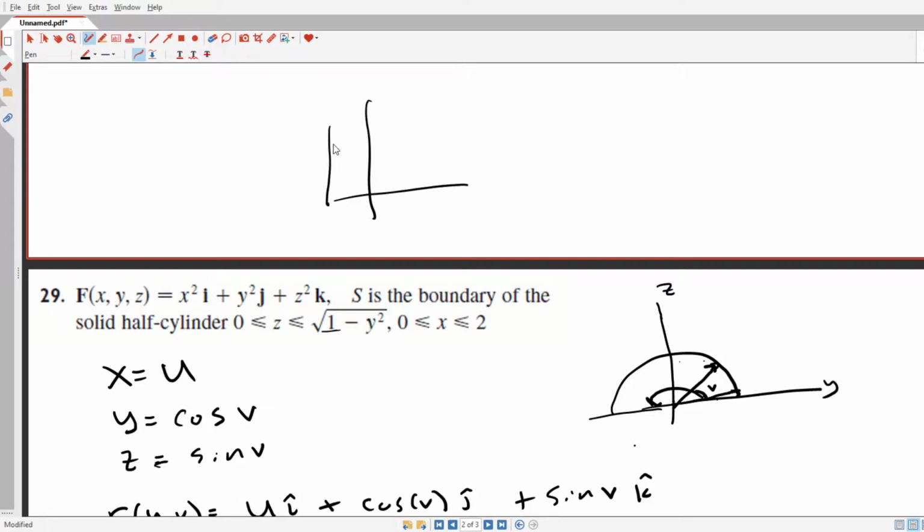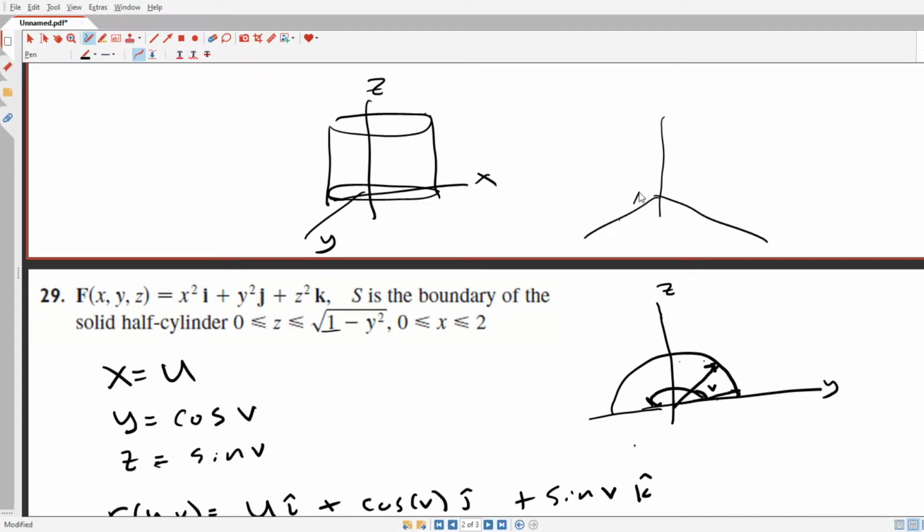We think of some cylinder like this, where the x and y are the round parts, and the z just stays straight and stays the same. Now, here I don't have that. I have something on its side, so this looks something like that, and it comes out like this.